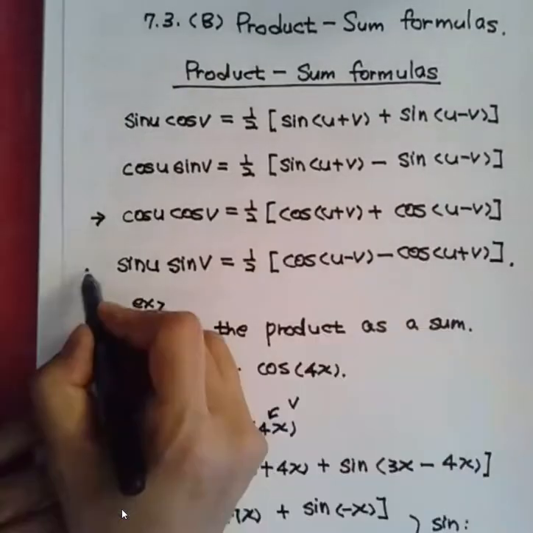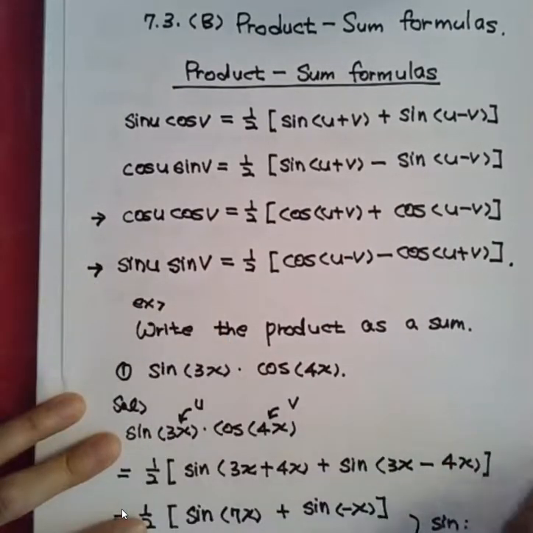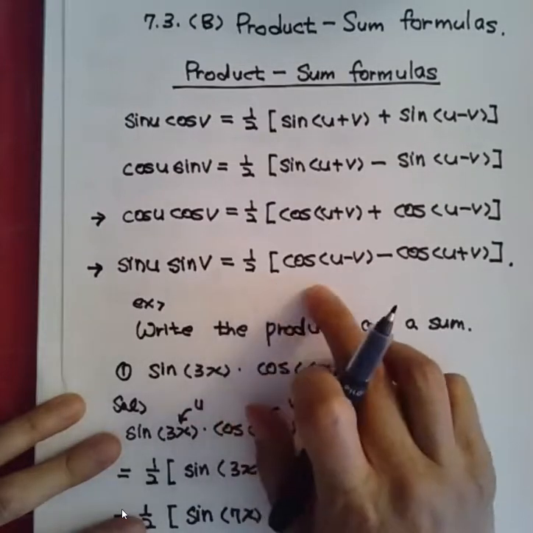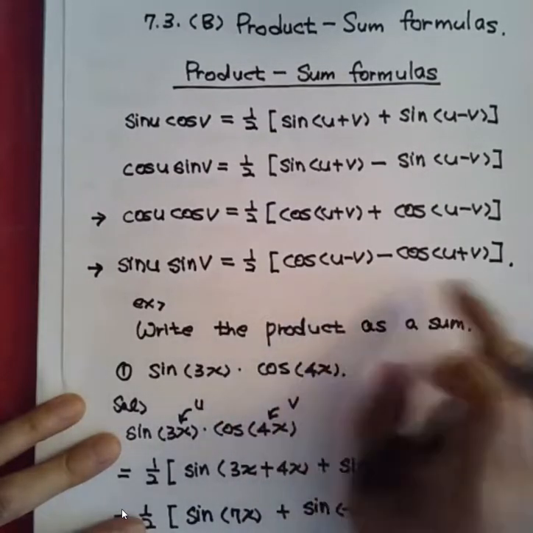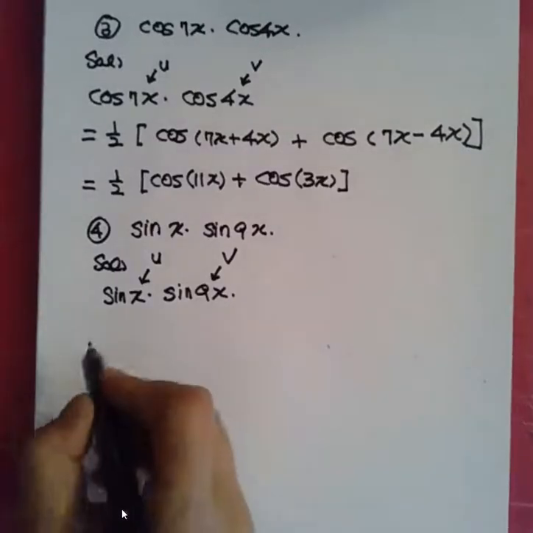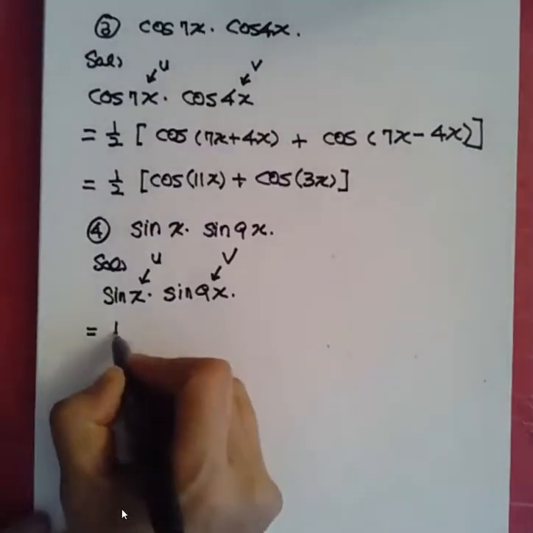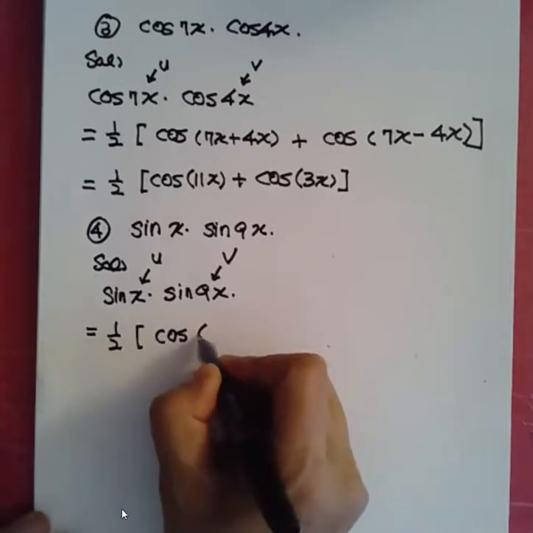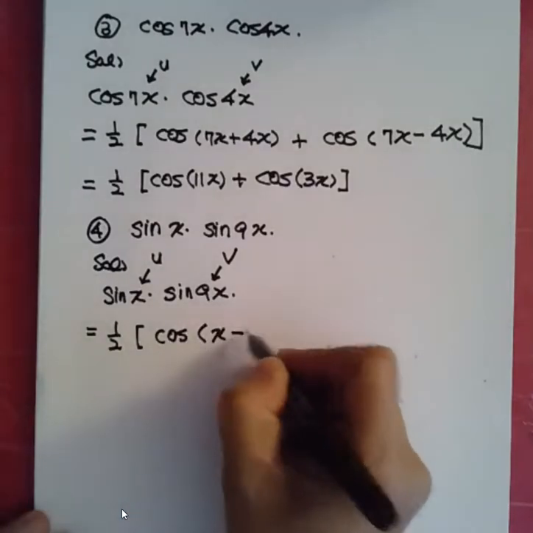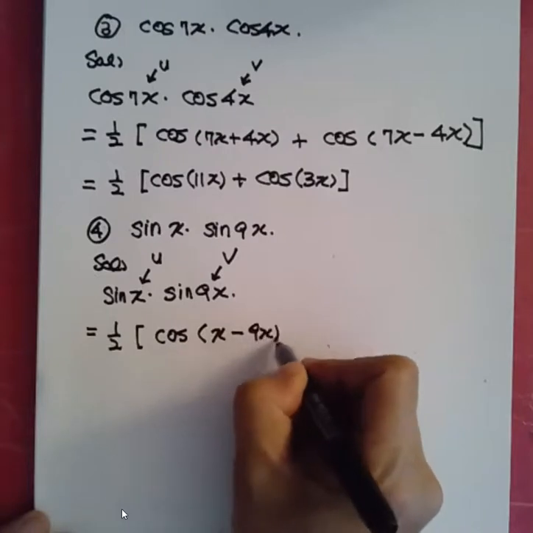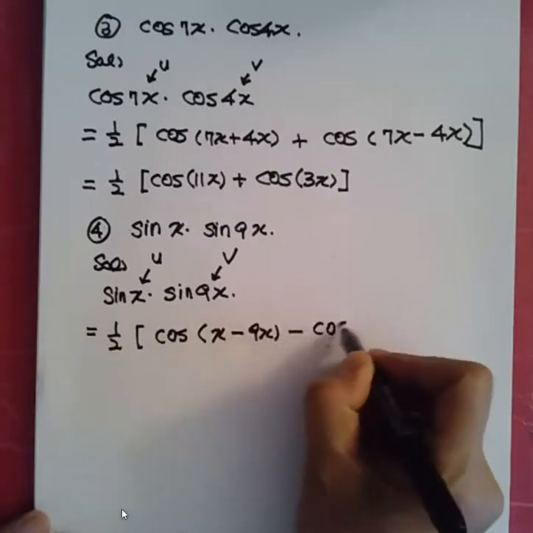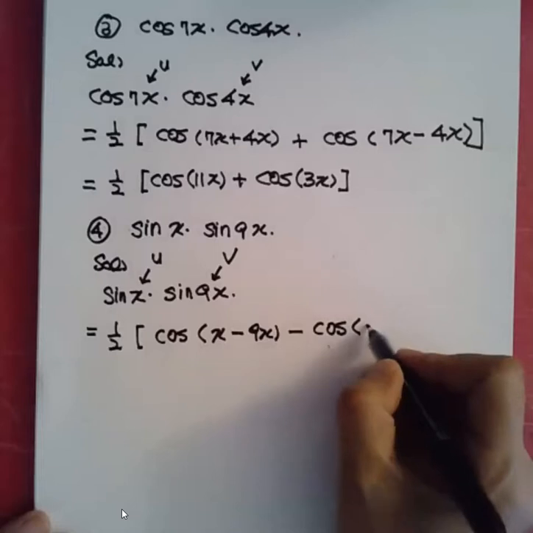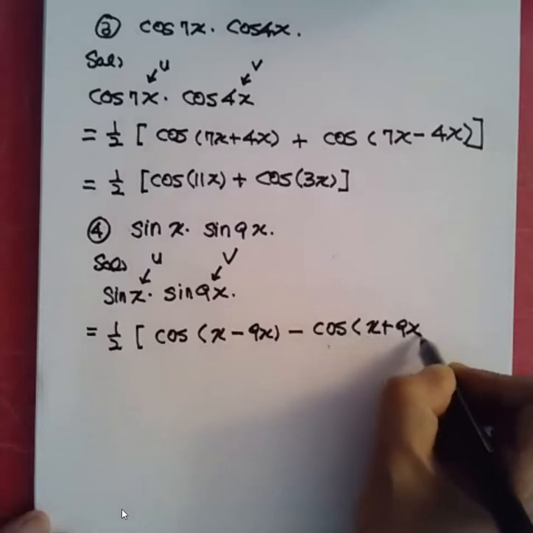We will use the last formula: cosine of u minus v minus cosine of u plus v. So 1/2 cosine of x minus 9x minus cosine of x plus 9x.